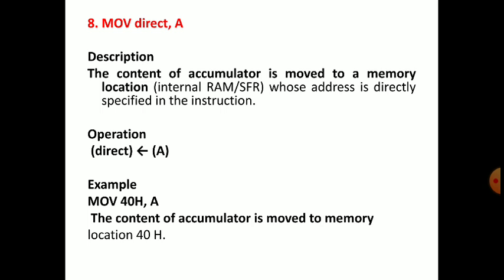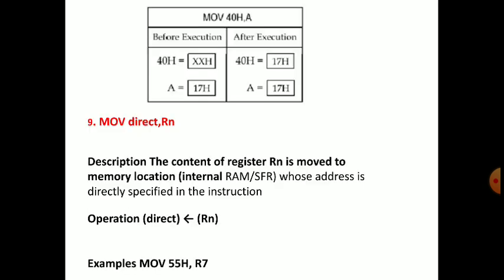Now we are going to continue the topic, and we can learn what are the remaining data transfer group instructions. In that, the first one, that means the ninth one, continuation with yesterday's class. The ninth instruction is move direct comma Rn.